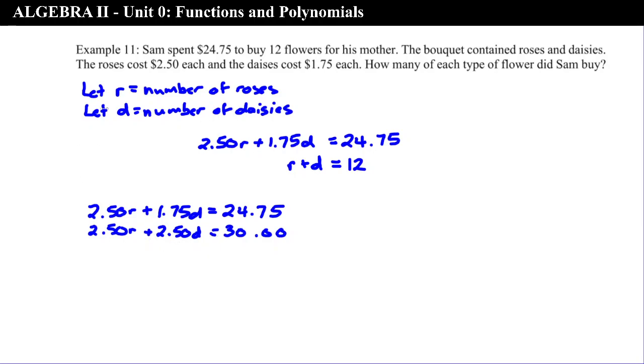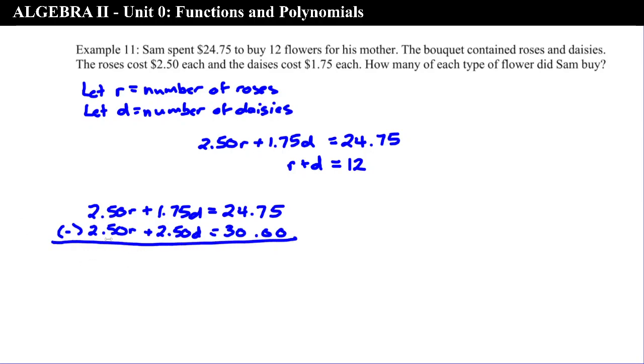Okay, so now let us subtract these two because we have 250R and a 250R, but they are the same sign. So we're going to subtract them so that we can eliminate them. Okay?